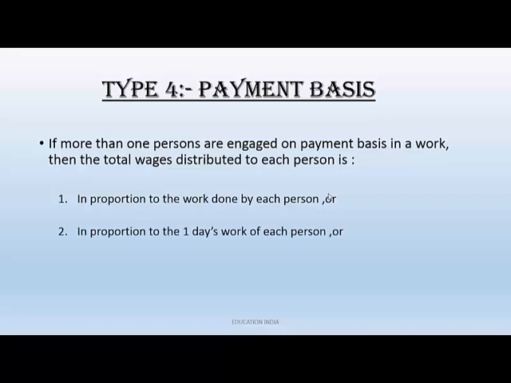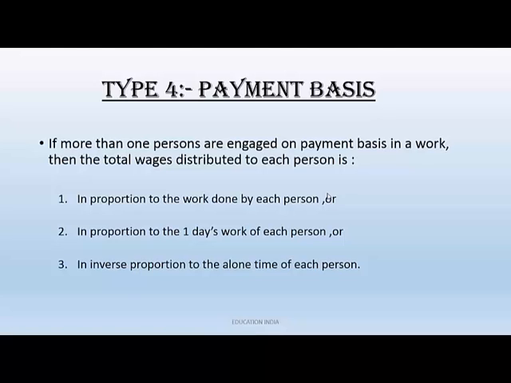Point number 2 is that it is in direct proportion to the 1 day's work of each person. So this 1 day's work would determine the total wage that a person would be getting. And the third and most important thing is that the share depends inversely upon the alone time of each person.